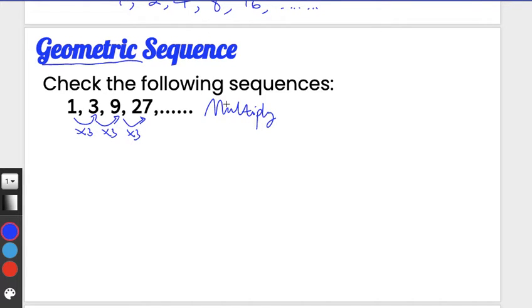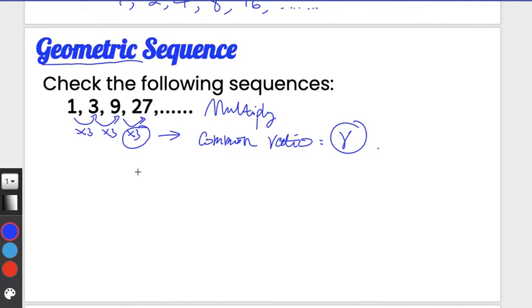a constant number, and for this constant number, we are going to have a new name. In an arithmetic sequence, we call it the common difference, but for this one, we call it the common ratio, and we use r to stand for that. It's actually easy to understand because a ratio involves any two consecutive terms.